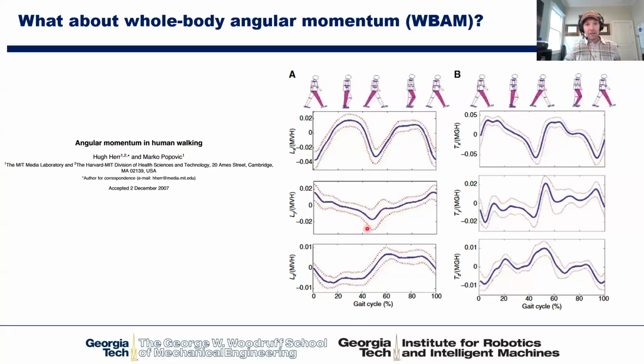That's nice because it motivates the idea of using angular momentum as a way to measure how unbalanced someone is, or how quickly they're returning to a balanced, regulated angular momentum state.